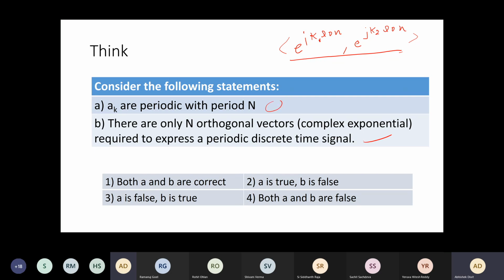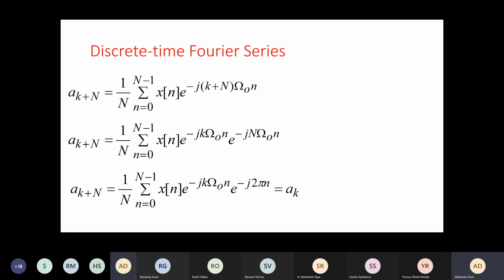Let us look at this statement. If we consider AK plus N, instead of K we will have K plus N. And again, we can decompose this single complex exponential into two complex exponentials. You see that this is going to be 1, because we have N omega naught n, so this is simply 2 pi n. e to the power j 2 pi n, if n is an integer, is 1.